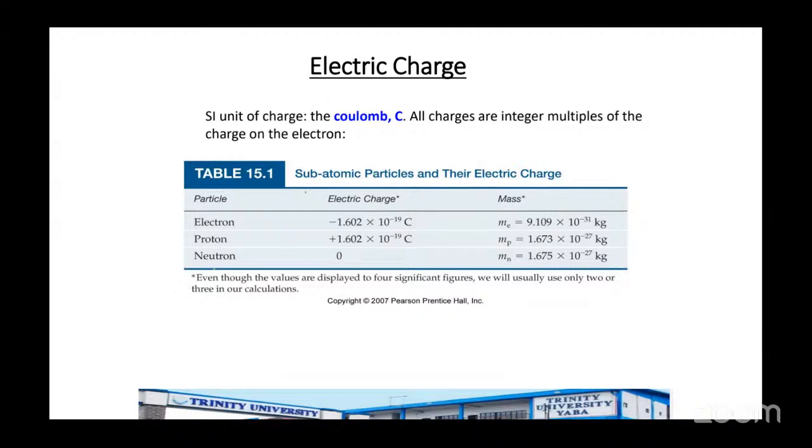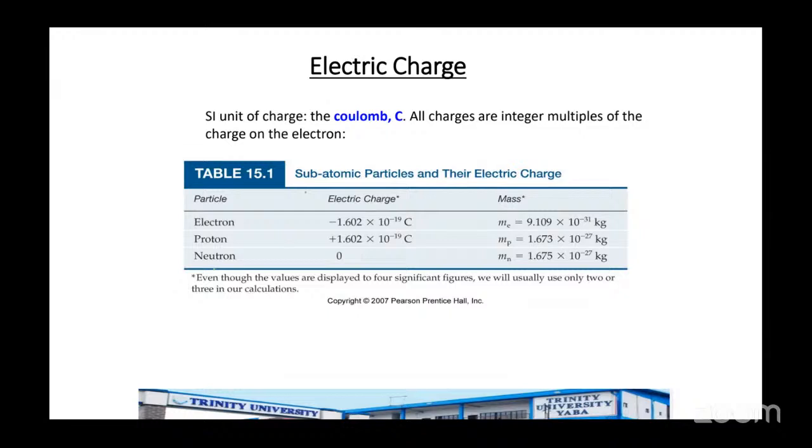We only deal with the value. The only difference between them is that the electron is negatively charged, while the proton is positively charged, but they carry the same amount of charge in magnitude.